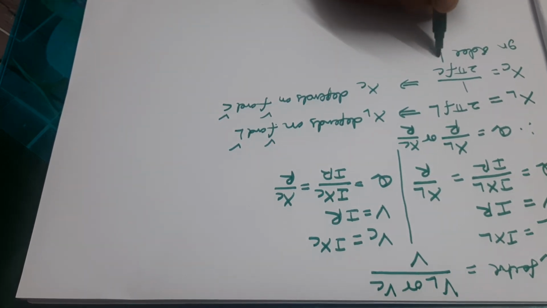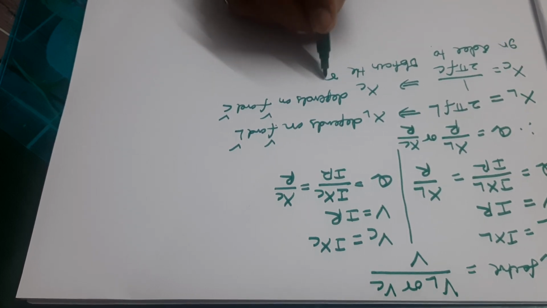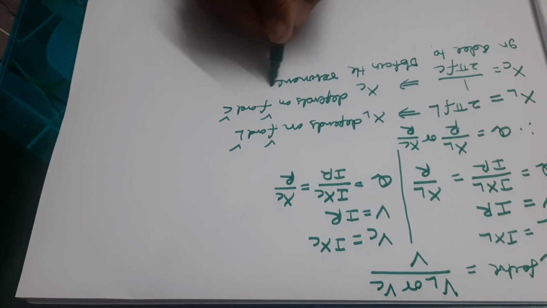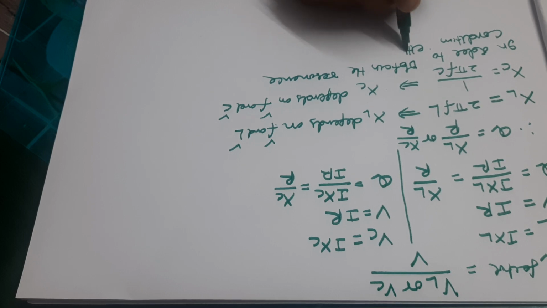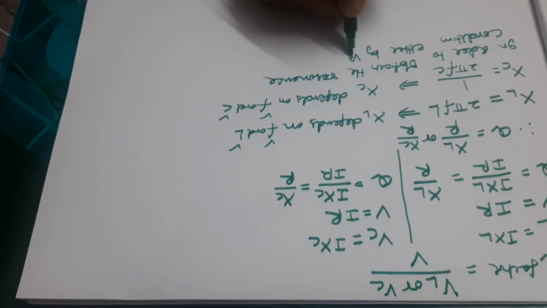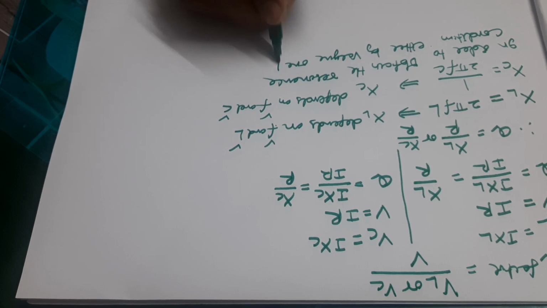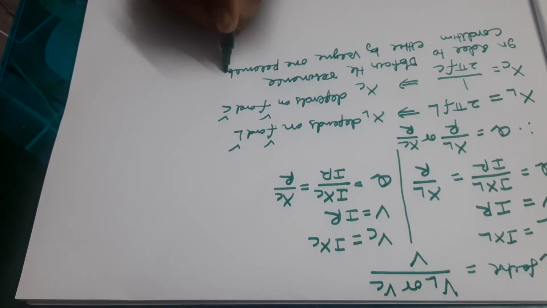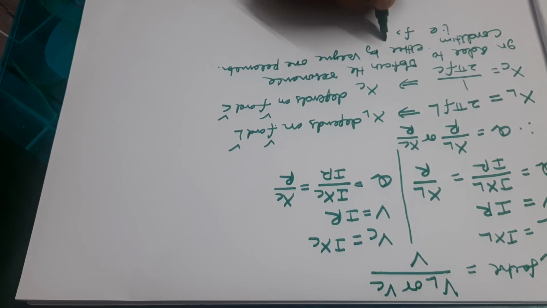So out of these parameters, that is frequency, L, again frequency and capacitance, how can we obtain the resonance condition? In order to obtain the resonance condition, we vary one parameter out of these three, that is frequency, inductance or capacitance.